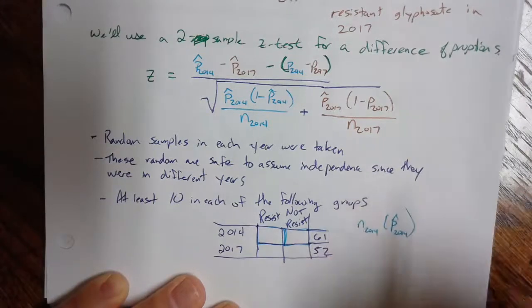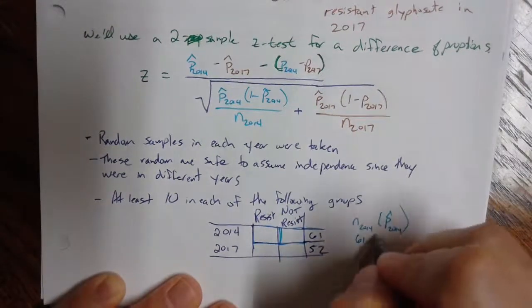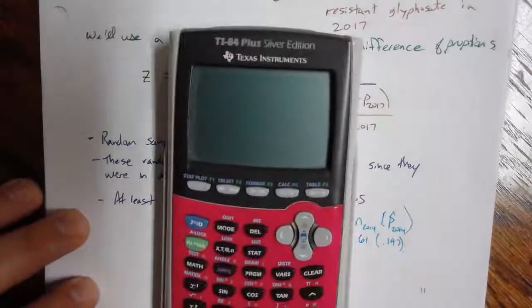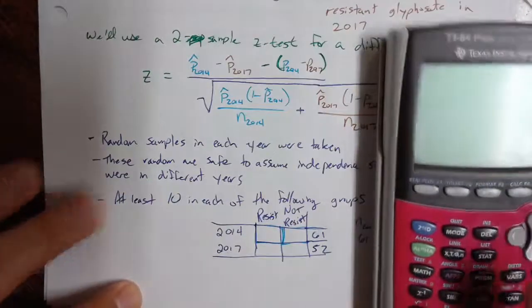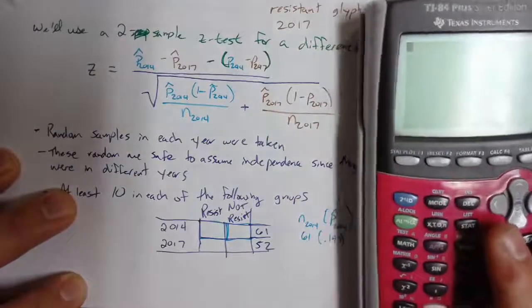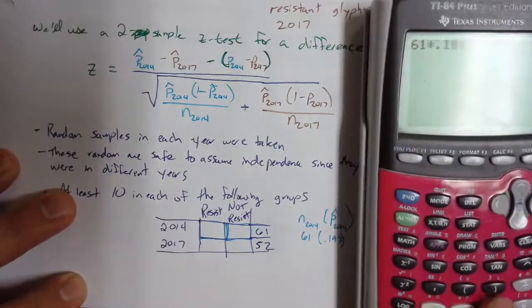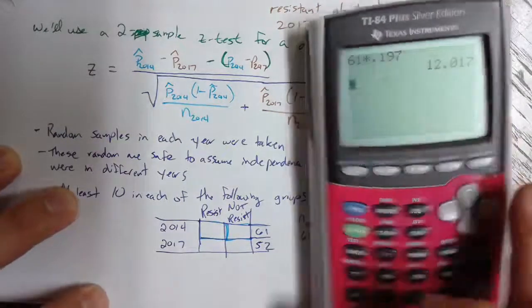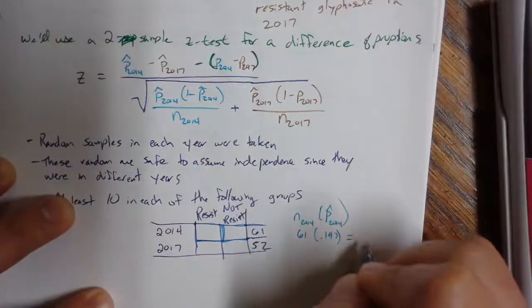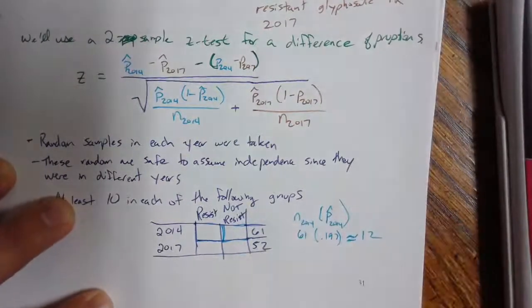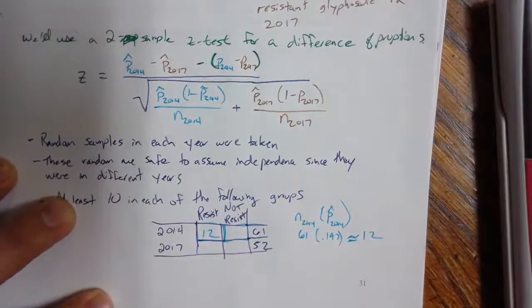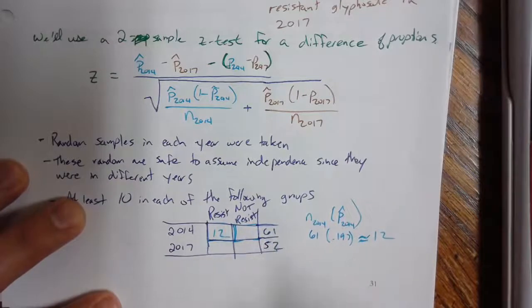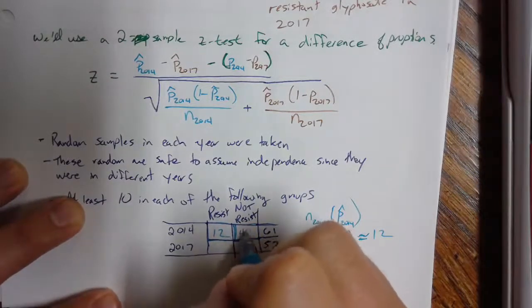We have 61 and we have 0.197. So all we have to check is what is 61 times 0.197, and it's a little bit bigger than 12. Looks like it must have been 12 when we made this calculation. We'll put approximately 12 here. So we have 12 resistant plants in 2014, which must have meant we would have had 49 that were non-resistant.